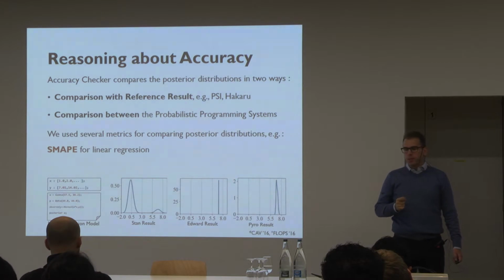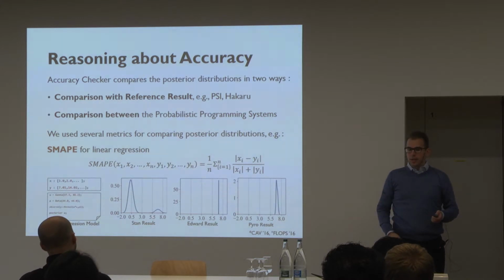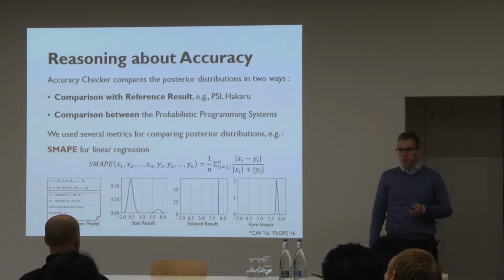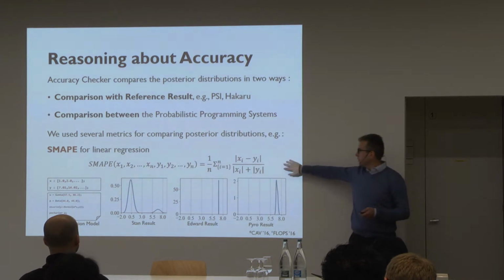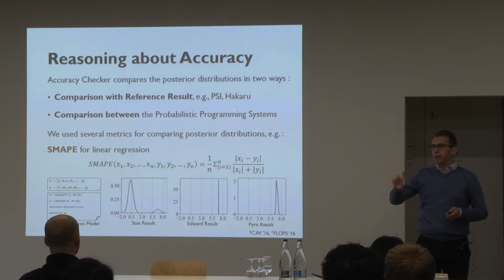Or we can just compare the result of one tool after another, but for that we need to define some metric. One metric for comparing distributions can be KL, as you've seen in the previous talk. Another one can be, say, just comparing the means. And in our case, we used different metrics for different templates, and this is something that's fixable. In this case, this was a nice one for us because it always gives results between 0 and 1.